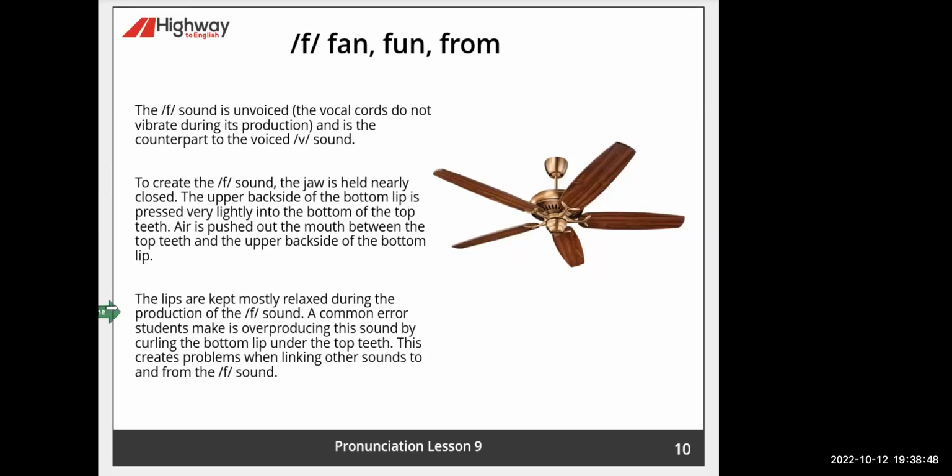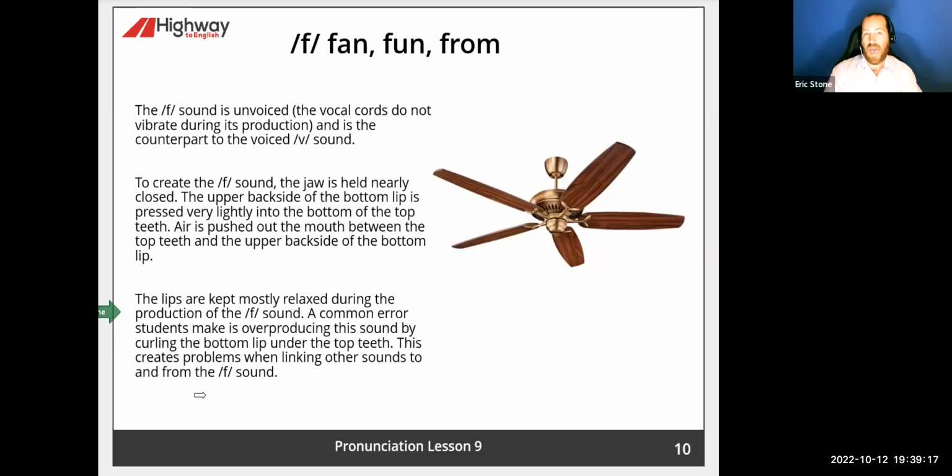The lips are kept mostly relaxed during production of the F sound. A common error students make is overproducing this sound by curling the bottom lip down over the top teeth. This creates problems when linking other sounds to the F sound.